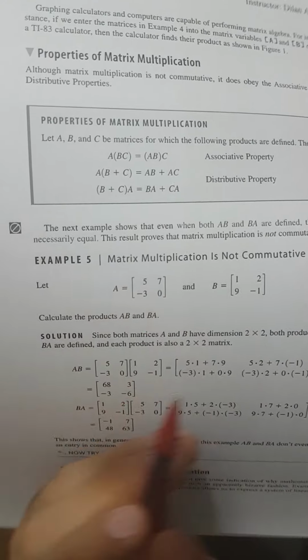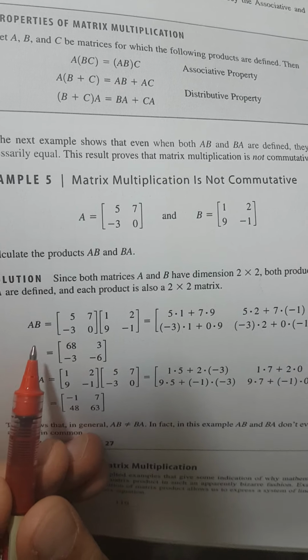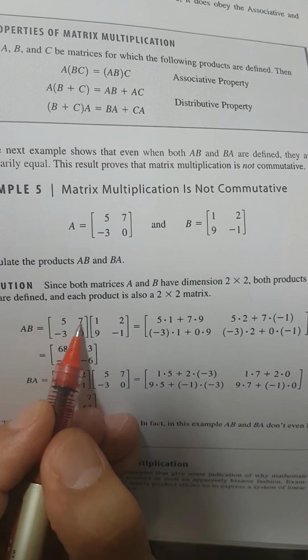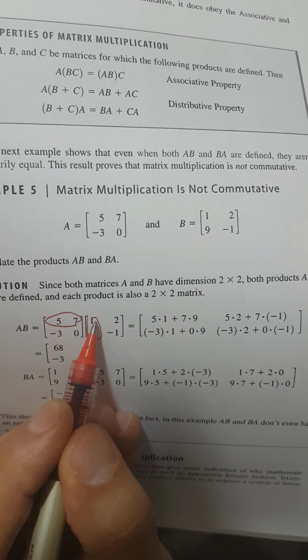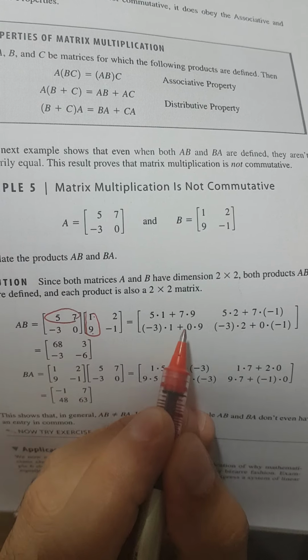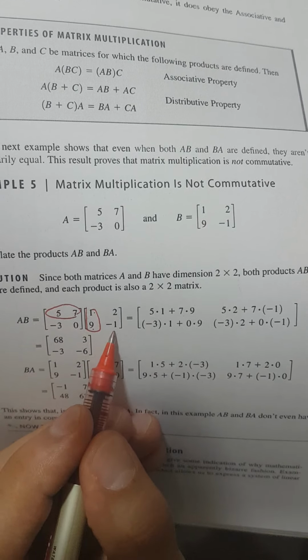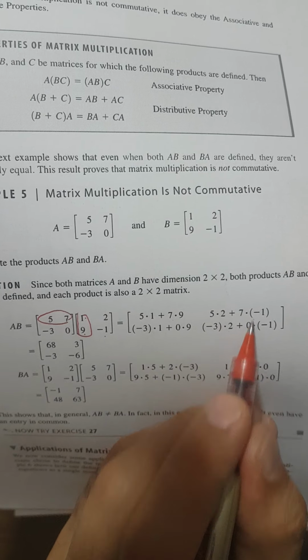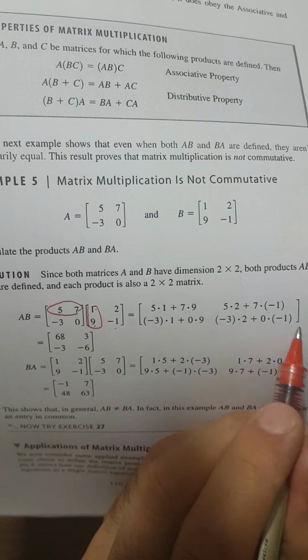If I multiply A by B, okay, we have multiplication A with B. So we will multiply this one by that side. So 5 by 1 plus 7 by 9, you can see. And again, 5 by 2 plus 7 by minus 1. You can see here. For the second, 2 by 2. Of course, I will get 2 by 2.